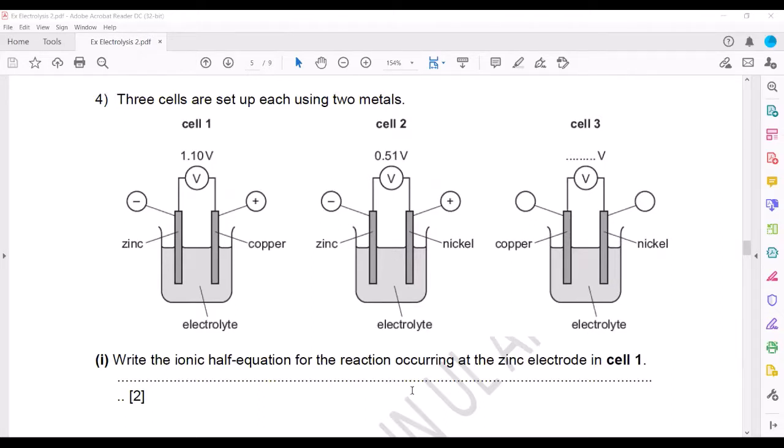Always remember that the difference in reactivity is proportional to the voltage produced.